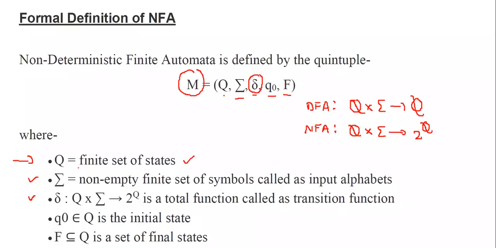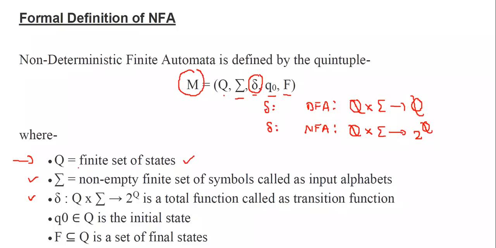That means any possible subset of states. From Q, how many possible states you can go to? You can go to 2 power Q states. So that's what makes the transition function differ between NFA and DFA.